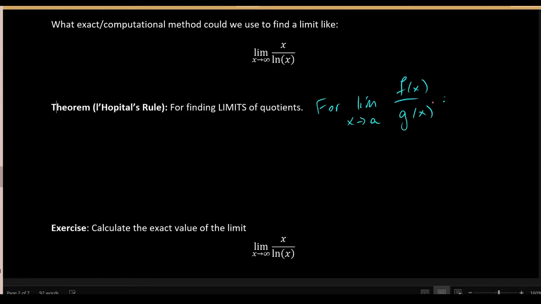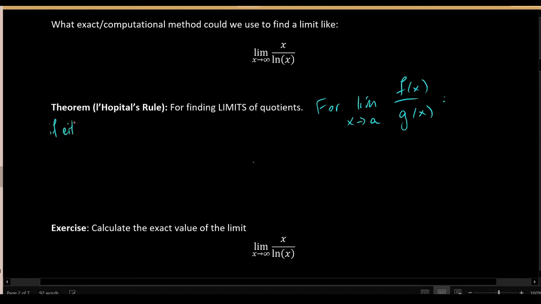In order to use L'Hopital's rule, one of the following two conditions has to be satisfied. The first condition is that the limit of the numerator, f of x by itself, and the limit of the denominator, g of x by itself, both exist and equal 0.